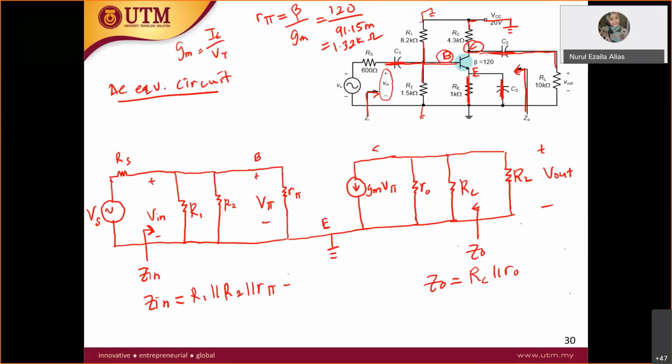Now you can calculate your Z in. Z in is equal to R1, which is 8.2K, parallel with R2, 1.5K, parallel with R pi, which is 1.32K. Finally, you will get your Z in about 647.